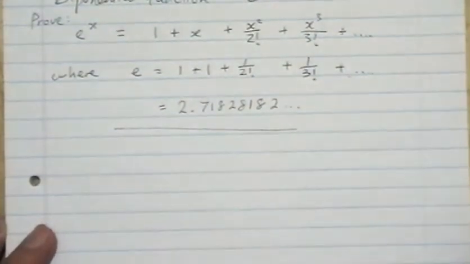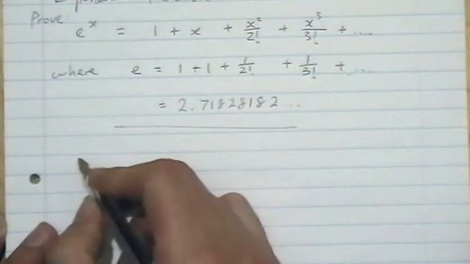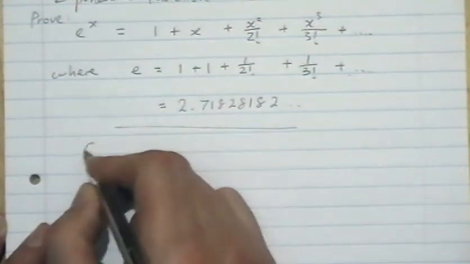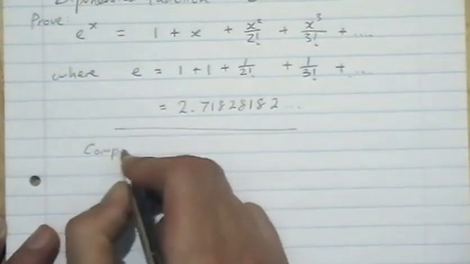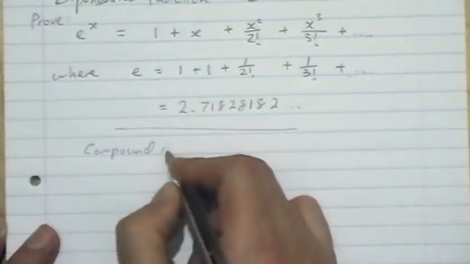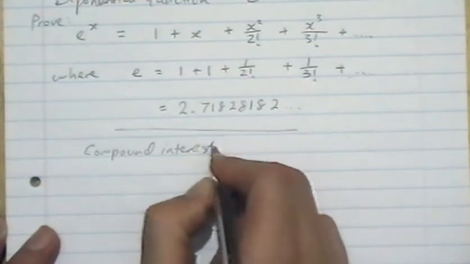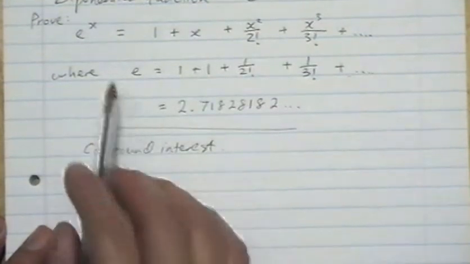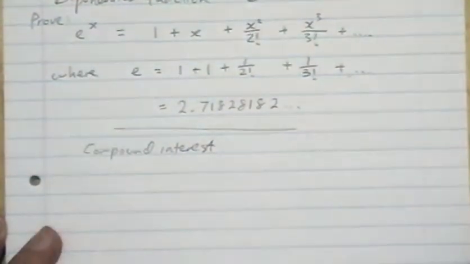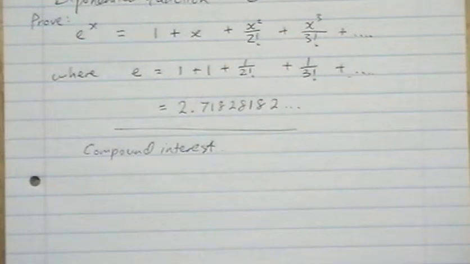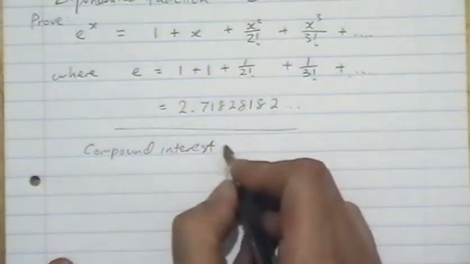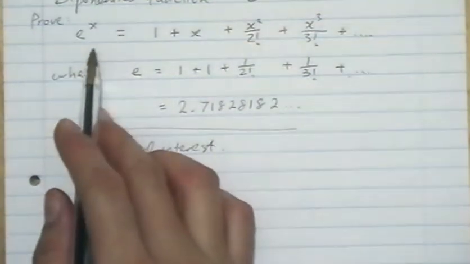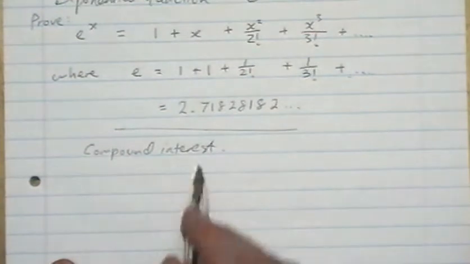Now think about the problem of compound interest. So that might seem something quite far away from this function. But let's have a look at that and see how this can actually lead on to this e to the power of x.